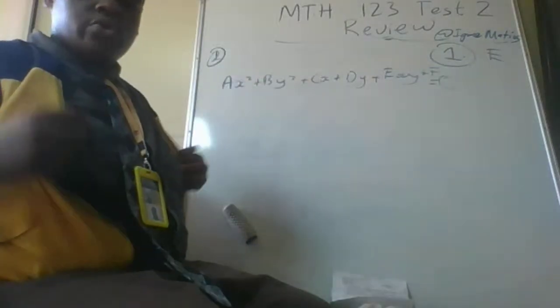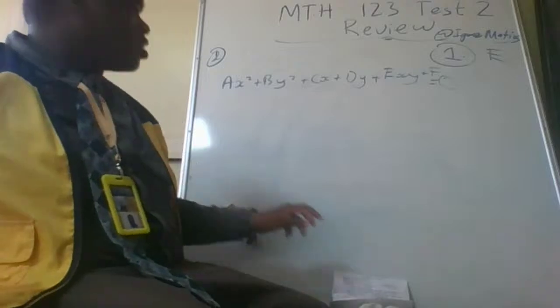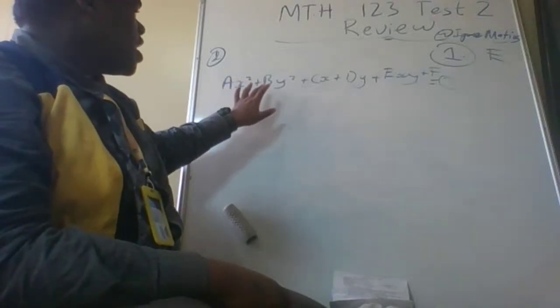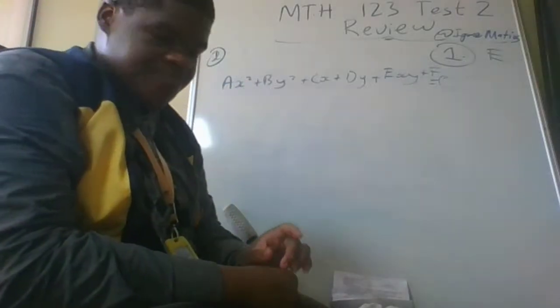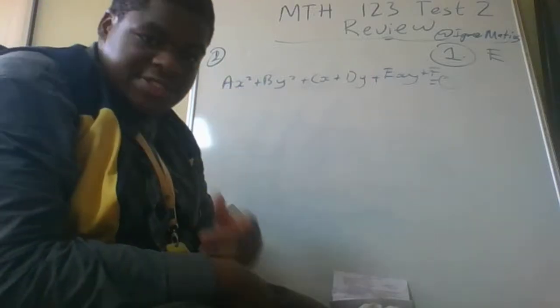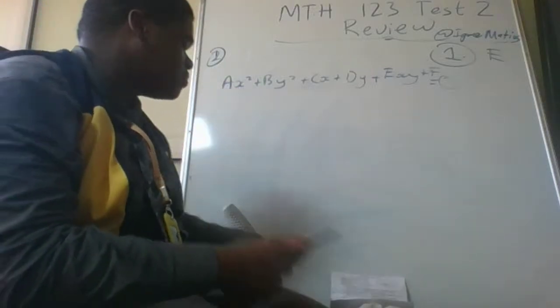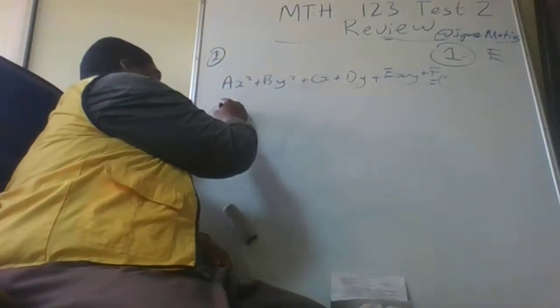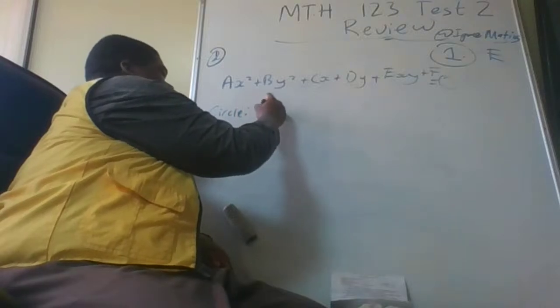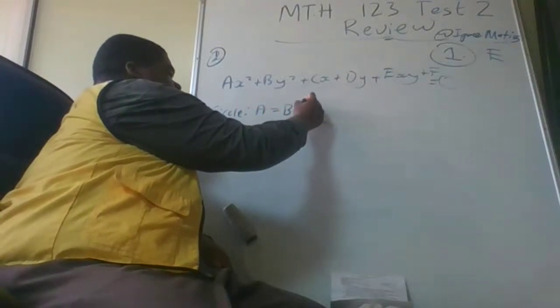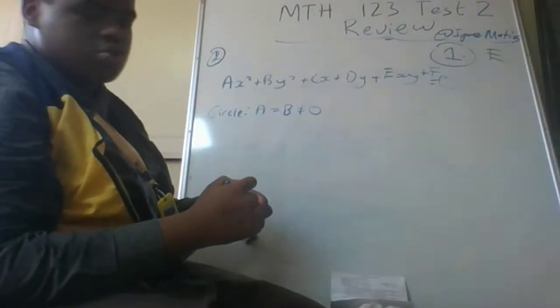But now what do they imply? When A and B are the same and they are non-zero, it will give you a circle.